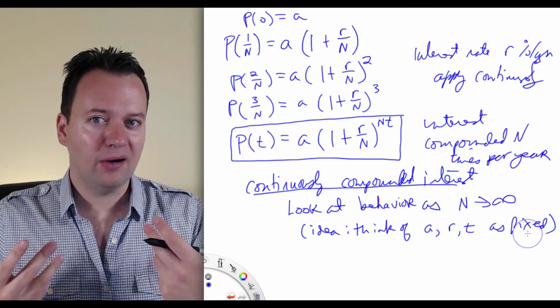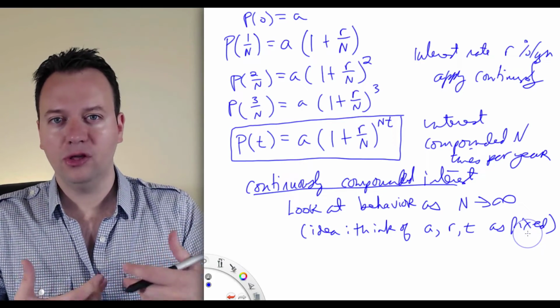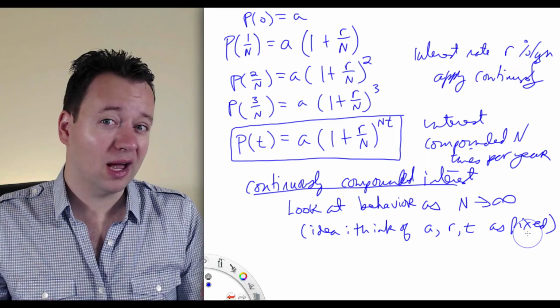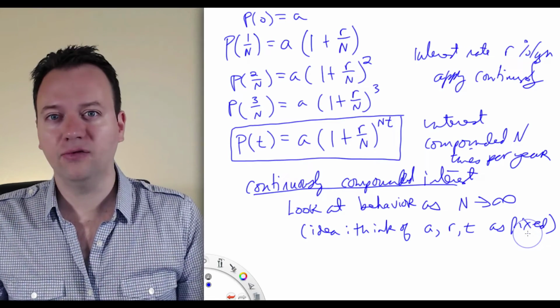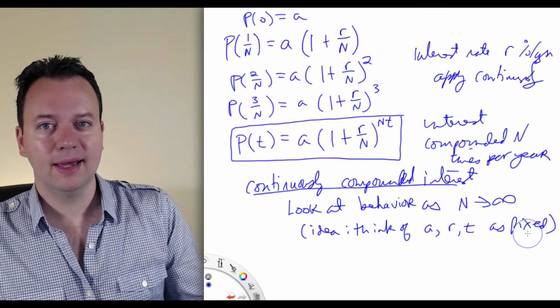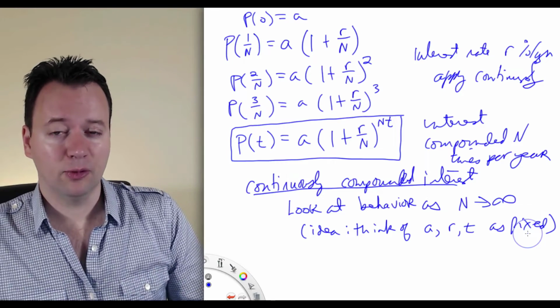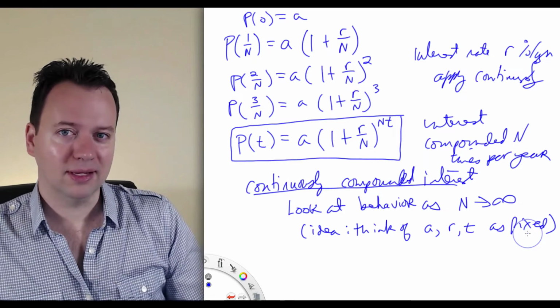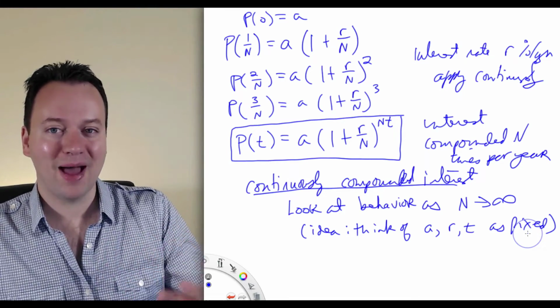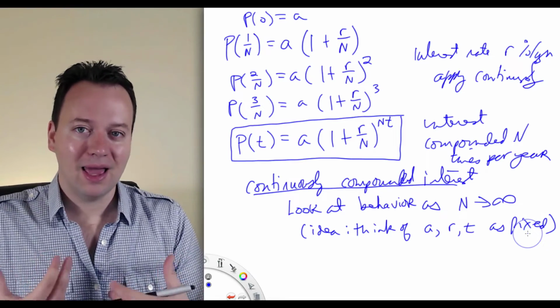Instead of compounding it 10 times per year, maybe 20 times per year, or 100 times per year, maybe 365 times per year, that's once per day. Maybe 1,000 times per year, maybe 100,000 times per year. What's going to happen as we compound it more and more often in the limit?